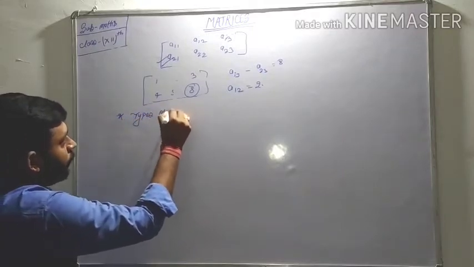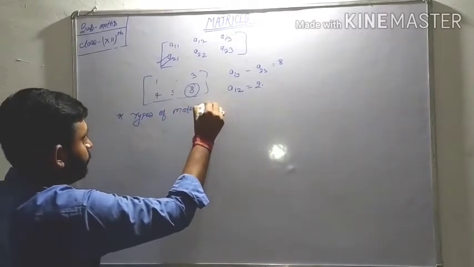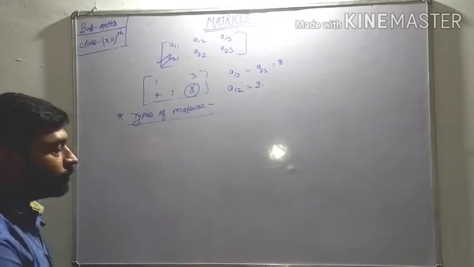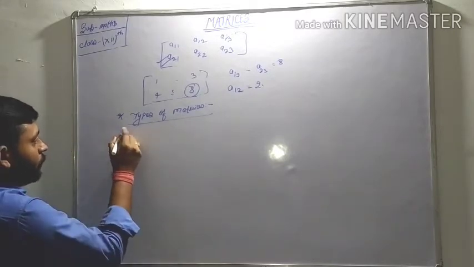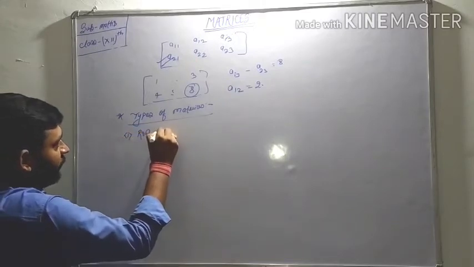Now we learn the types of matrices. There are 5 types of matrices, so we see them one by one. Number 1, row matrix.